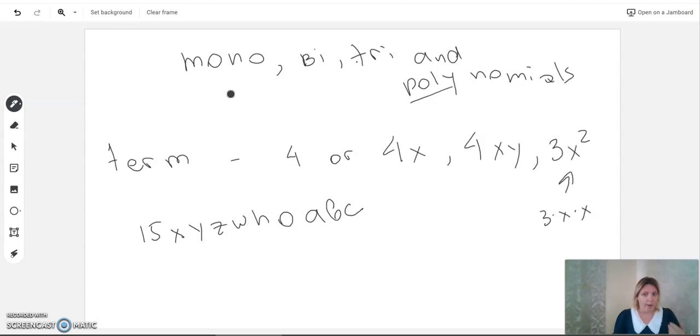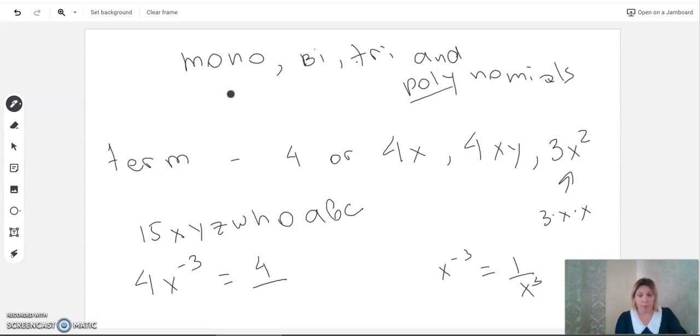Now, when does this become tricky? Well, how about this one? 4x to the negative 3. Oh. Am I multiplying? Well, actually, no. Just a quick review, right? x to the negative 3 is actually 1 over x to the 3.